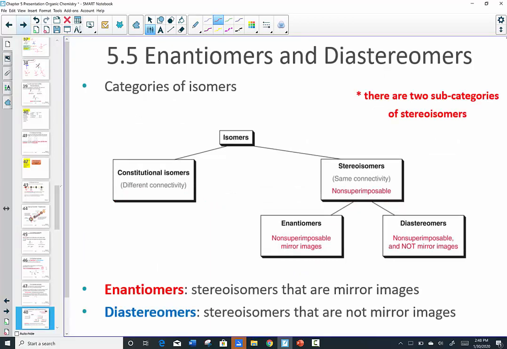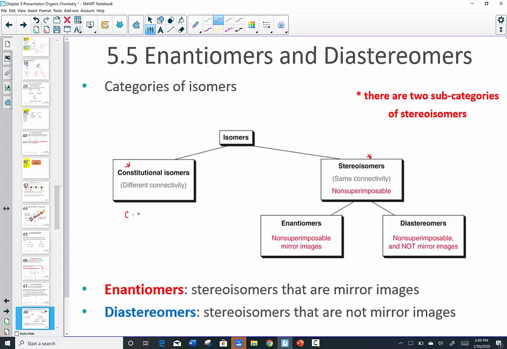In this example, we're emphasizing vocabulary words and really just driving home some things that we've been saying. So enantiomers versus diastereomers. Remember we started with a review of isomers? Isomers fell into two categories, constitutional isomers and stereoisomers.